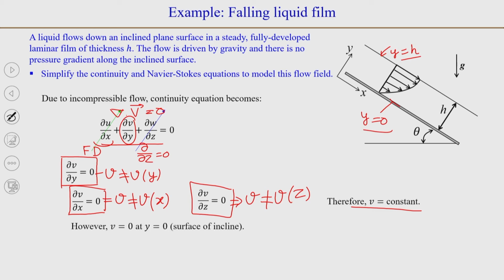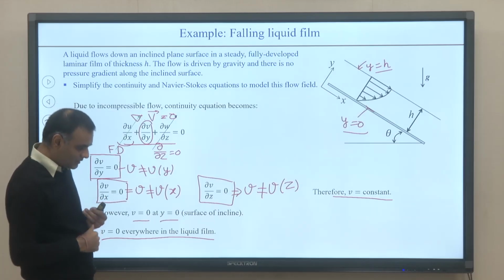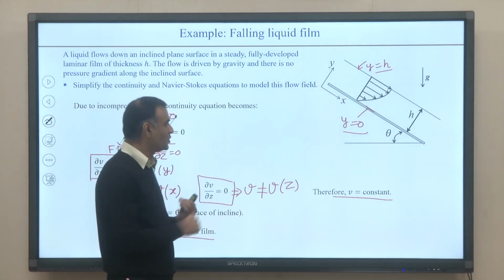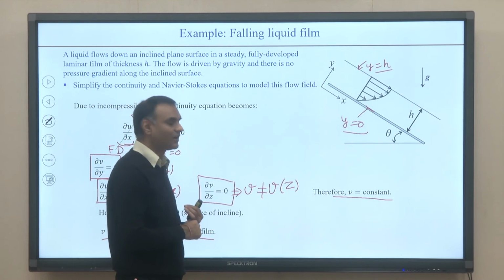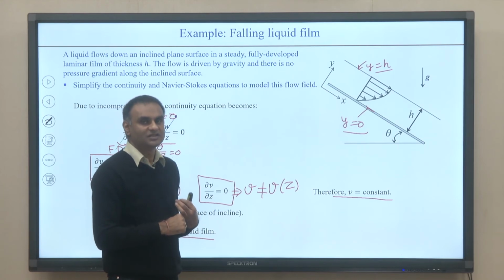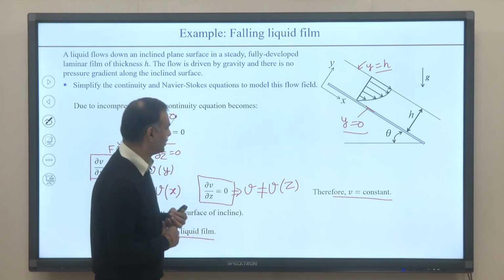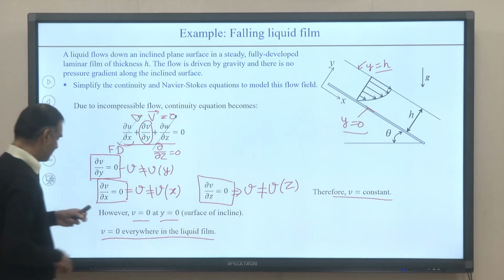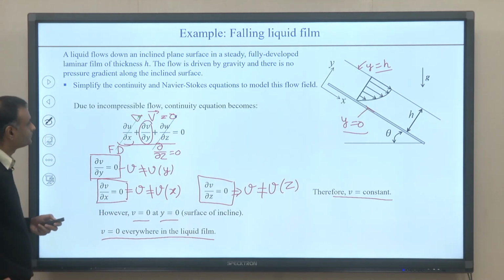So, because v is equal to 0 at y is equal to 0, and because v is equal to constant in the entire fluid, v is going to be 0 everywhere in the liquid film. So, now we know that the flow is one dimensional, because w is 0, v is 0. So, there is only one component of velocity u, which is along the x direction, which is non-zero. So, the problem is one dimensional now.